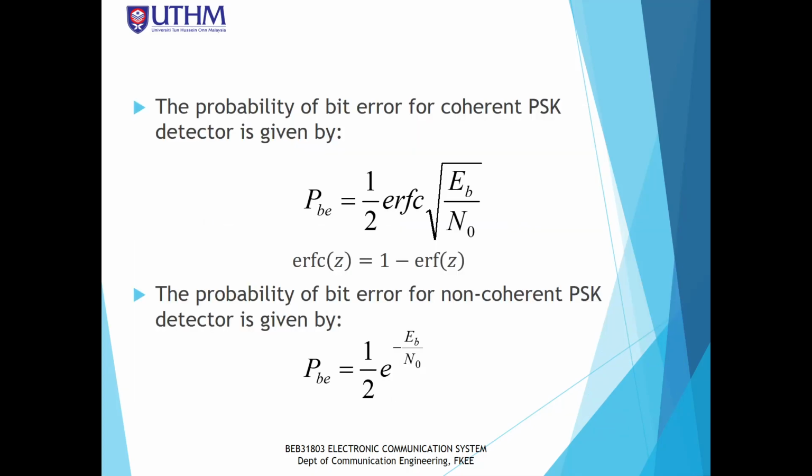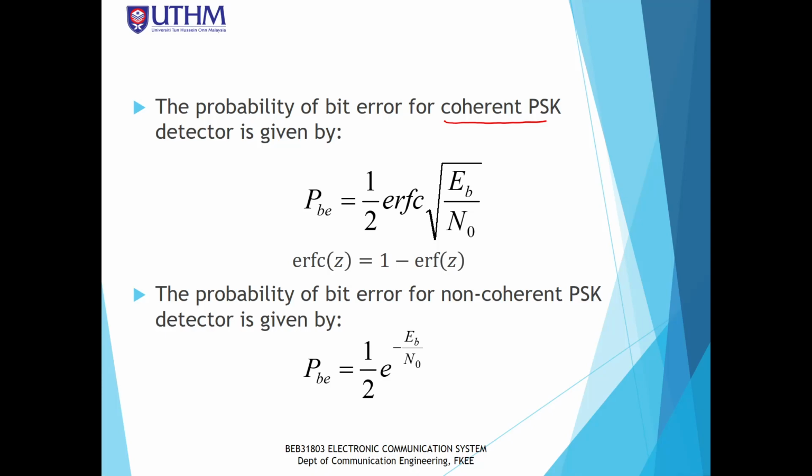What about the probability of bit error for PSK? The probability of bit error for PSK is slightly different from ASK and FSK. What is the difference, if you see from these equations? The equation above is for coherent detection, so we are using the table.